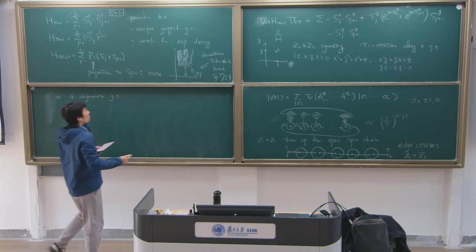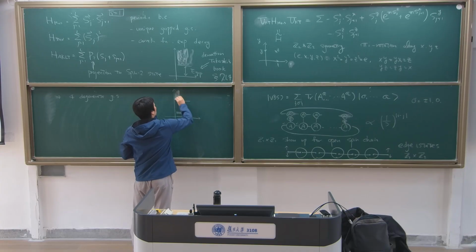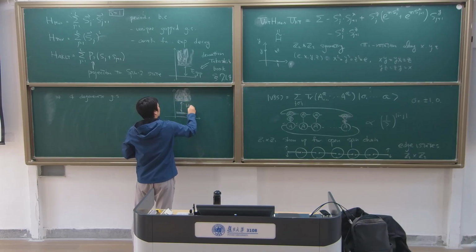But on the other hand, for the Heisenberg spin chain, I told you that there's a singlet and a triplet. There's a small tiny gap, and after that there's a big gap. That is the Haldane gap.